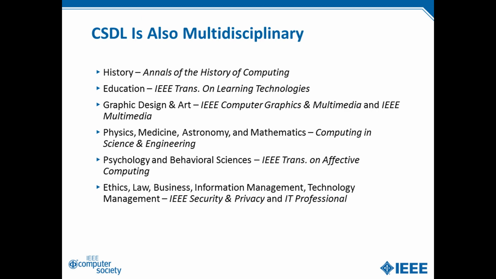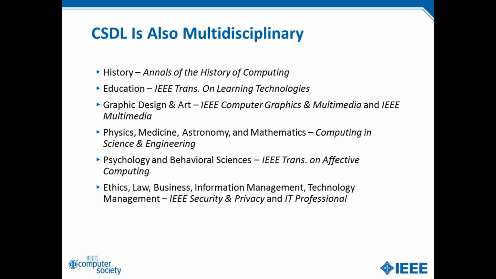I always like to mention the fact that the Computer Society Digital Library is multidisciplinary because, as you know, computing touches all areas these days. We have a history publication, the Annals of the History of Computing. In education, learning technologies is very important today. For those interested in graphics, design, and art, our CG&A and multimedia publications are relevant.